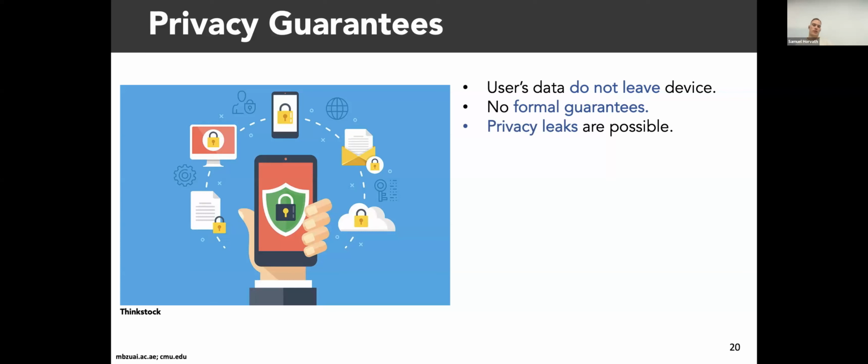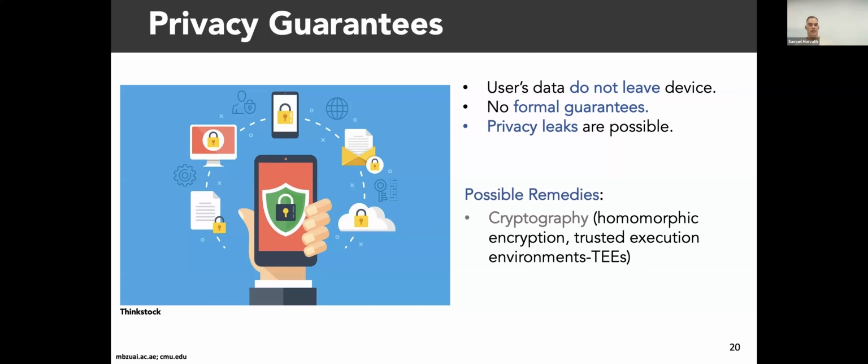Unfortunately, there are papers that show it is possible to leak data just by looking at the updates. This is where important techniques such as cryptography, which includes homomorphic encryption or trusted execution environments, or the more algorithmic notion of privacy, differential privacy, can be very useful. We will discuss these later in the tutorial.